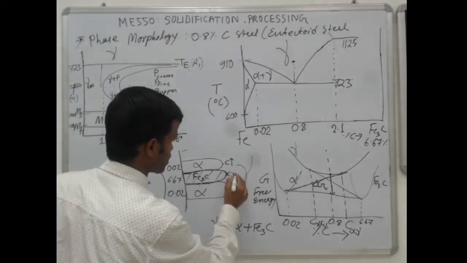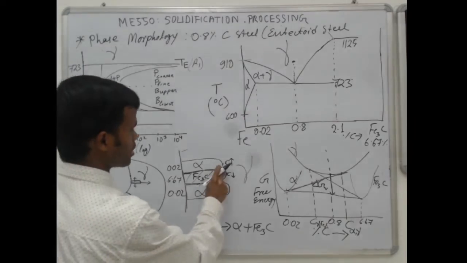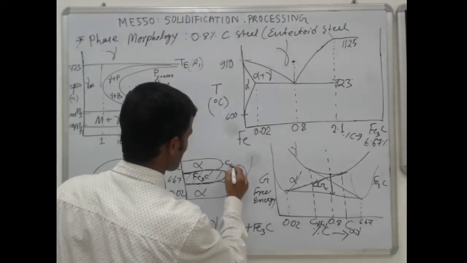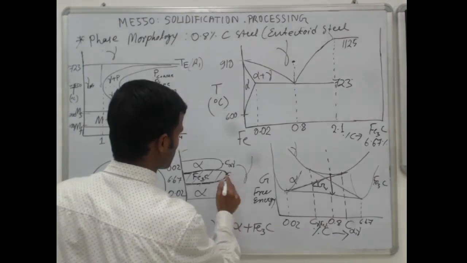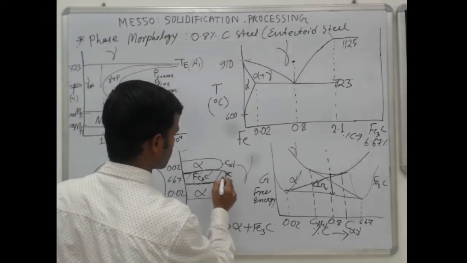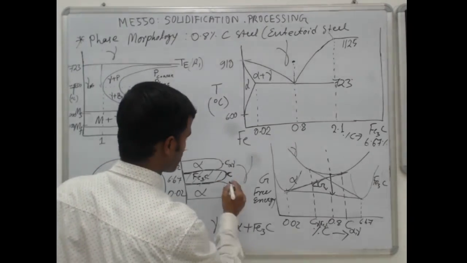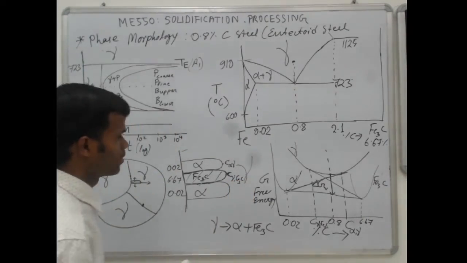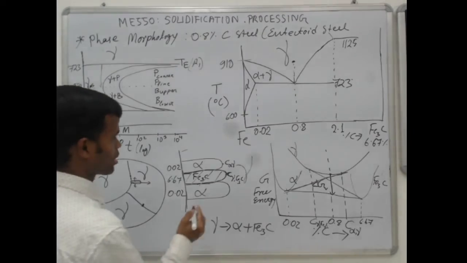Here it will be less. So here it has the carbon percentage, say C alpha gamma. Here, just at the interface, you have C gamma Fe3C.